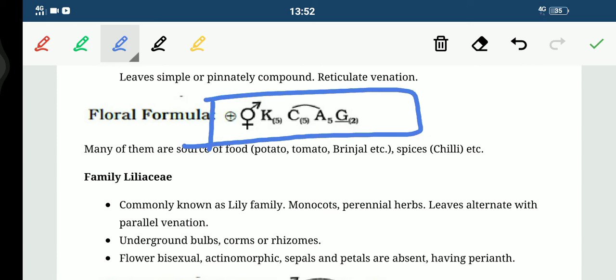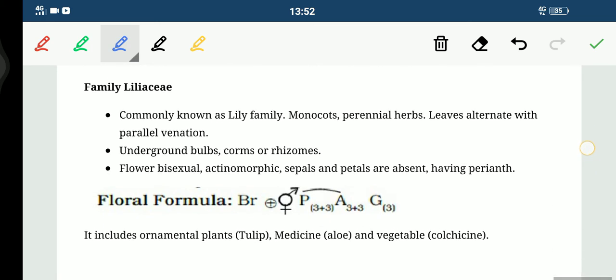Now talking about the family Liliaceae, commonly known as the lily family. They are monocots, perennial herbs. Leaves are alternate with parallel venation. They have underground bulbs, corms, or rhizomes. The flowers are bisexual, students. They are actinomorphic. Fine. Actinomorphic is represented by this condition, and this is the zygomorphic condition.